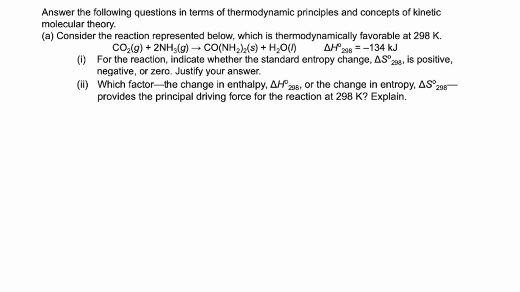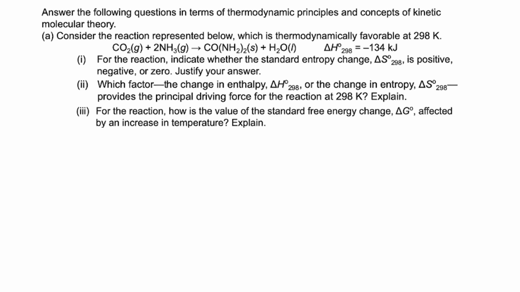We just said that we had a negative delta S probably, and the problem says we have a negative delta H. So which one is the driving force? Okay, so hopefully you said the negative delta H, the exothermic nature of the reaction, and that is because negative delta S, decreasing randomness, is not favorable.